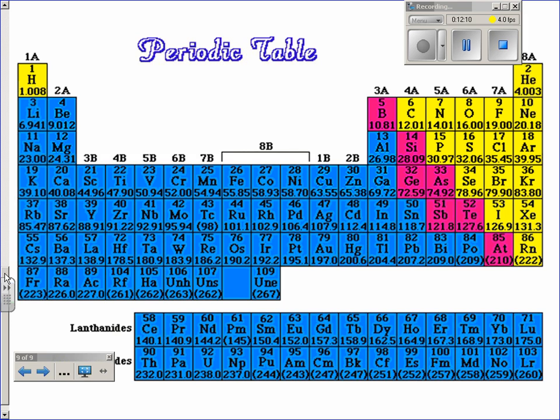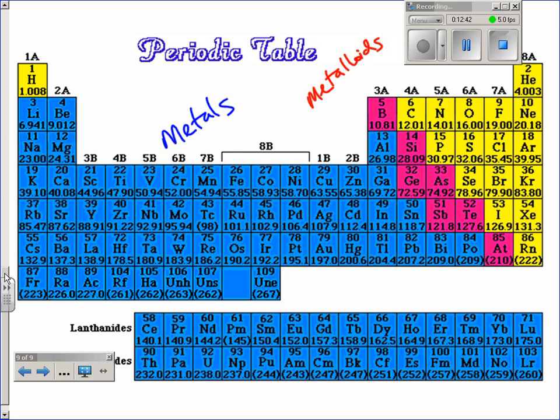There are three main categories of substances on the table. The blues are metals. The purples, or violet, or whatever you might call that, are metalloids, sometimes also called semi-metals.